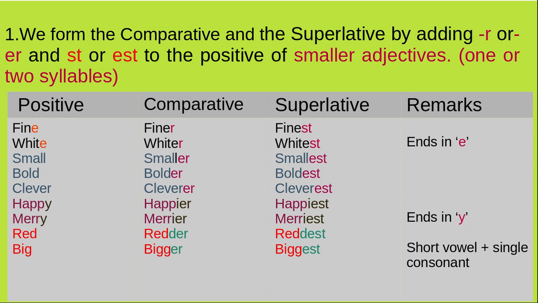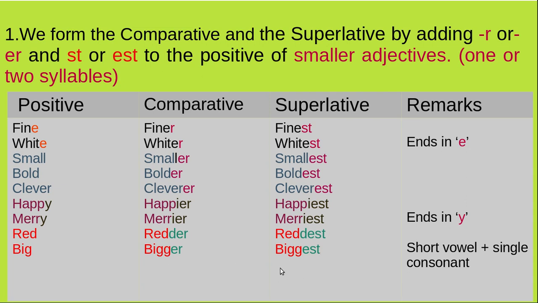A, E, I, O, U. All others are consonants. Consonants means Vyanjana. Vowels means Swaraksha. And if it occurs after a short vowel, see here red, big, then naturally this last letter will be doubled: red, redder, reddest, and big, bigger, biggest.